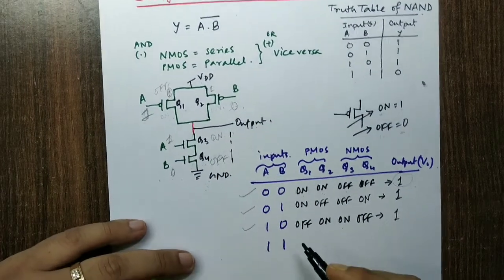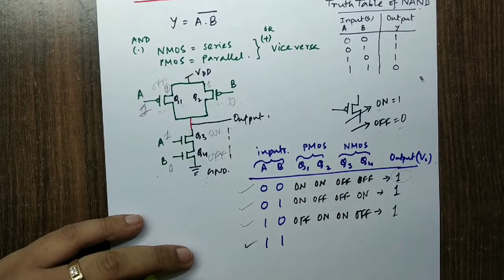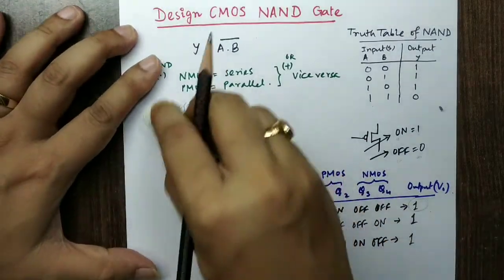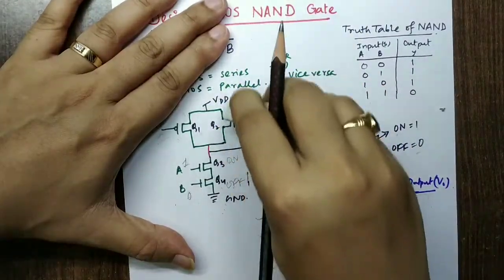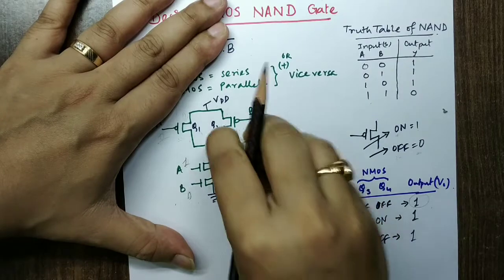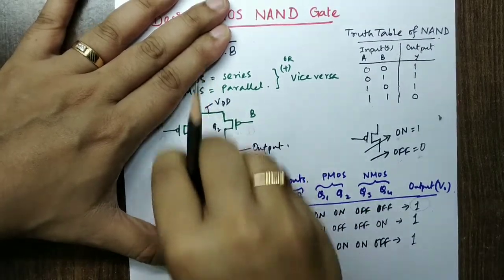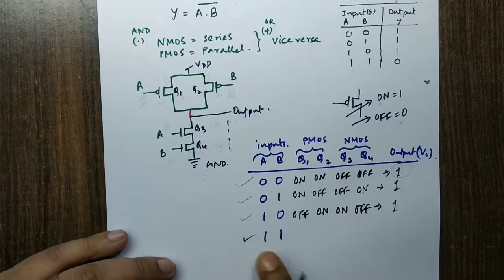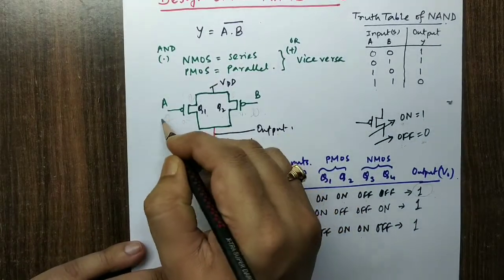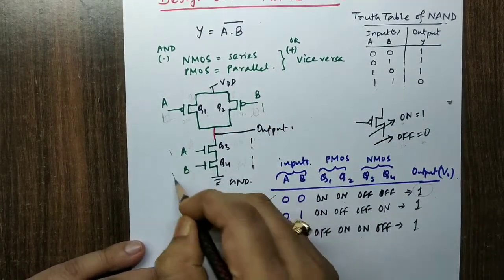Now the last case, that is 1 1. Let me see what will happen in this last case. Let me again erase all these combinations, so that you can easily see all the connections properly. So in this case it is 1 1, let me put here 1 1, A and B both.